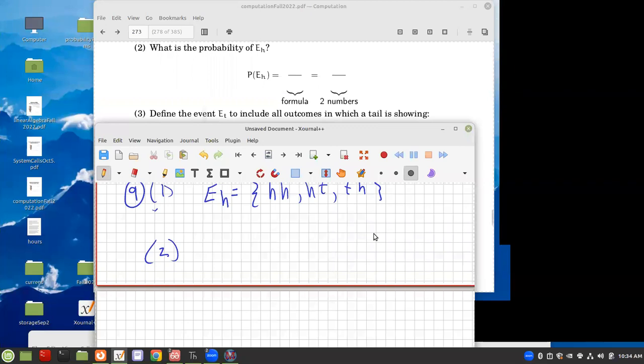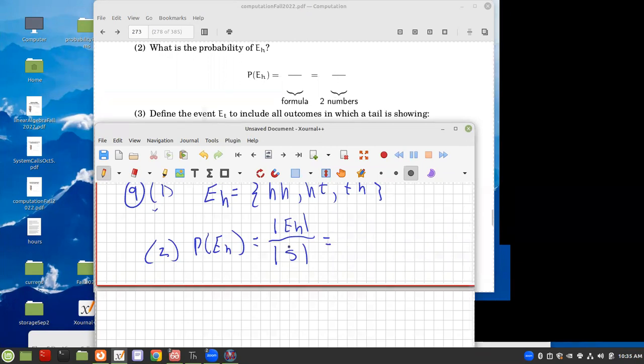Okay, well, the probability of this event is going to be, what I mean by the formula is just the definition: the number of outcomes in the event divided by the number of outcomes in the sample space. And so it's a fraction, and these are 2 integers.